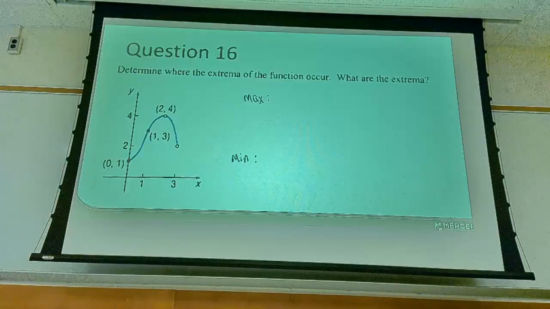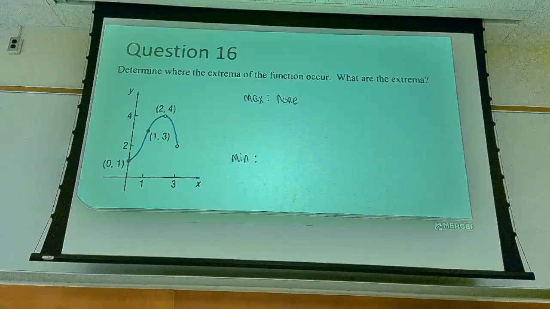Maxima: occurs at x equals 2. No, that's not right. It's an open circle, right? It's open, so that's not a max. So we wouldn't have one. In this case, there are no maxima.